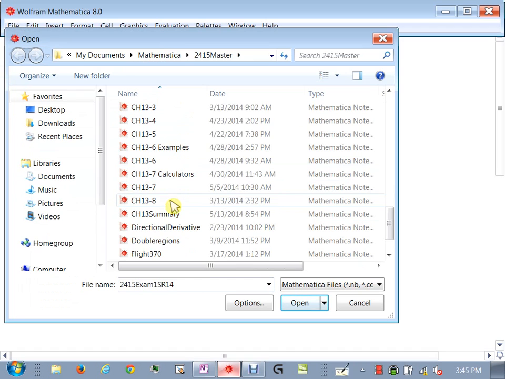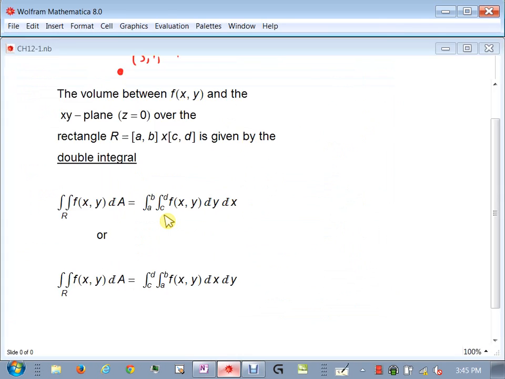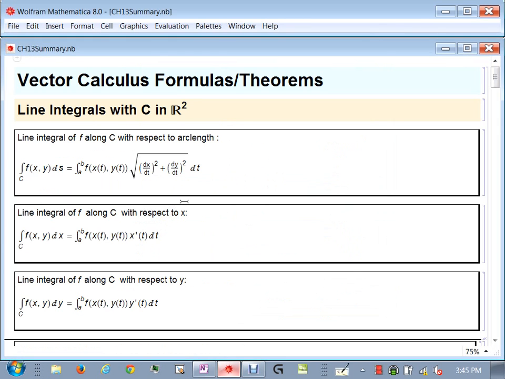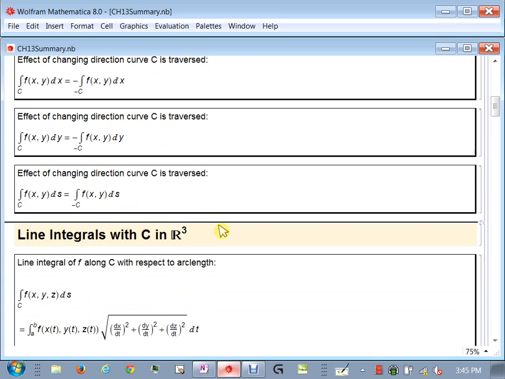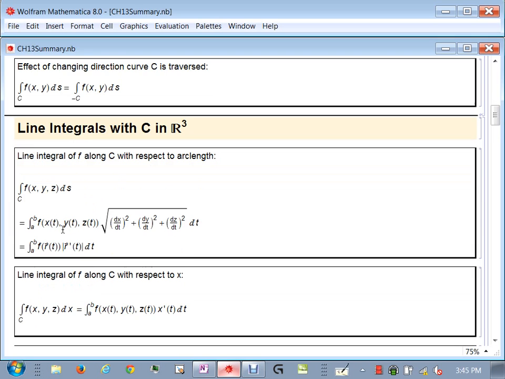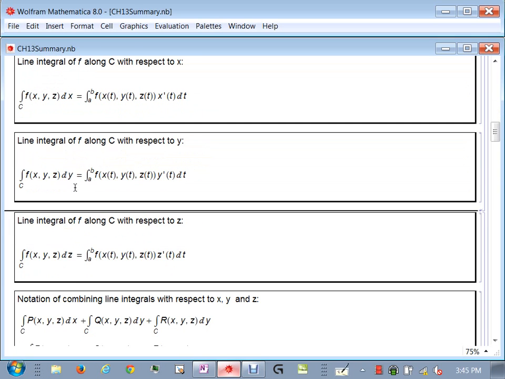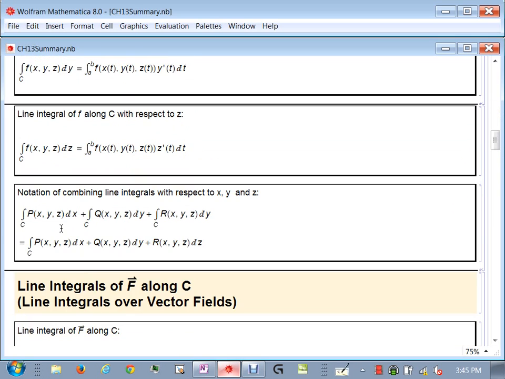I'll give you kind of a long shot look at this. Here are all the formulas from chapter 13, where we're heading. So we've got integrals where it's d little s. Here it's dy, here it's dz.